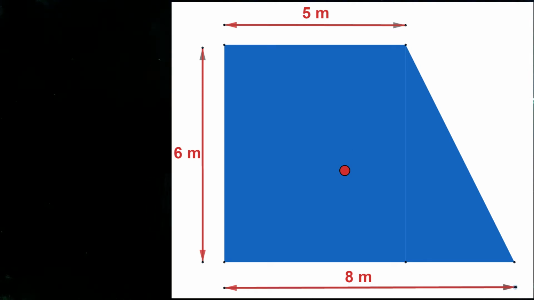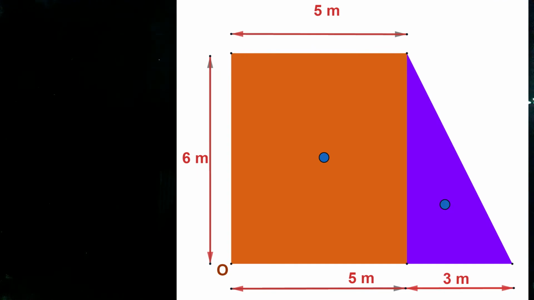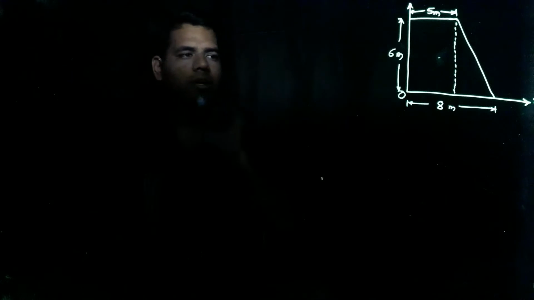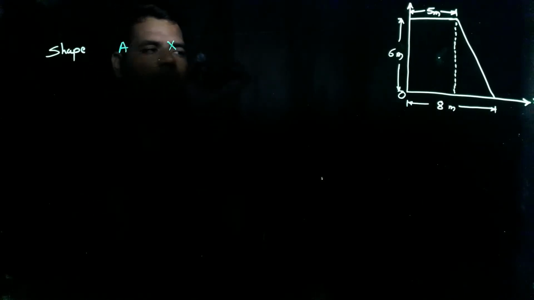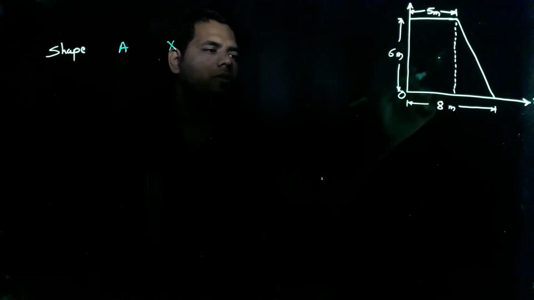So the easiest method is to convert this diagram into standard shapes. This is a rectangle and then a triangle. There are two standard shapes. The next step is to draw a table that contains the shape, then the area of each shape, the area of each standard shape, and the x coordinate of each standard shape.